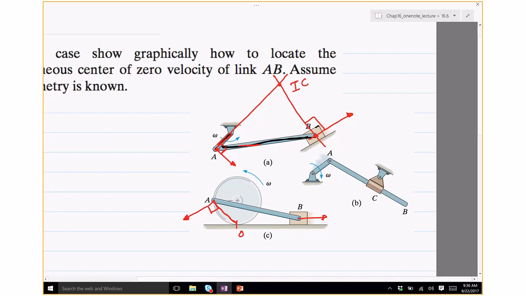Okay, so if we know the velocity of A and the velocity of B, that is the direction. In order to find the IC, I need to draw a line normal to the velocity of B, and then a line normal to the velocity of A. So this has to be the IC of AB.